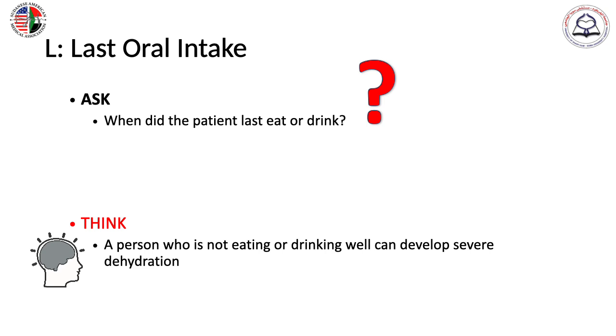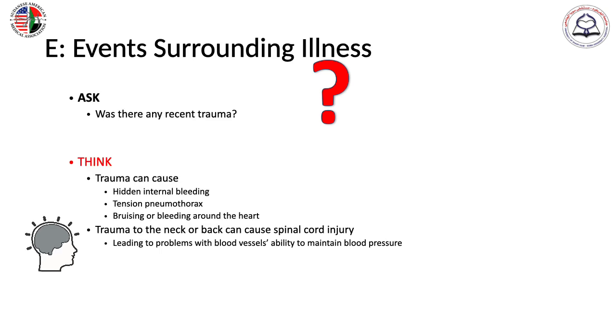You ask when was the last time the patient took anything orally. Some people who are in a difficult situation could have dehydration, but also when you want to do an intervention, last oral intake can affect your decision. You need to know about the situation surrounding the illness. Was there any trauma?